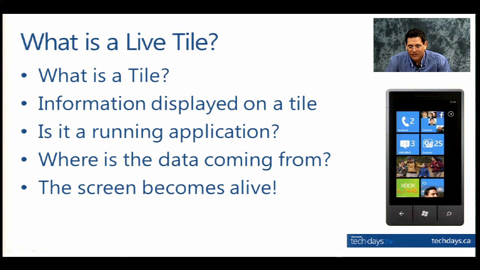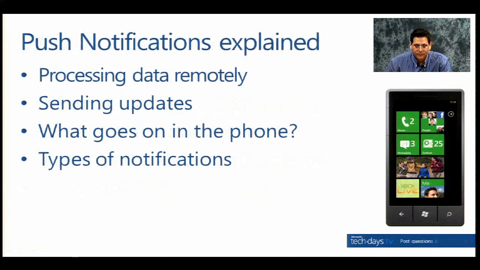So the better approach would be push notifications. Like I said, we would like to save on CPU, battery power, and memory. When coming to remote information, meaning information that is produced outside of the phone, we would like to save on bandwidth as well.